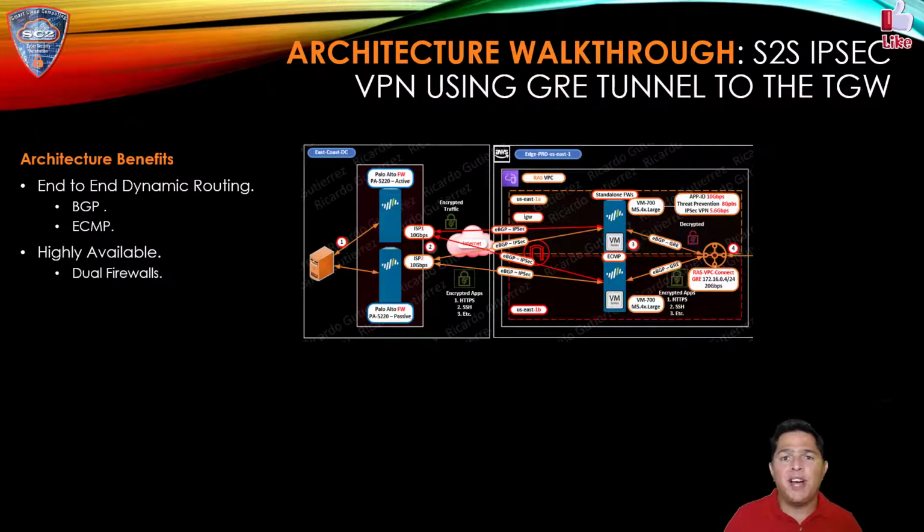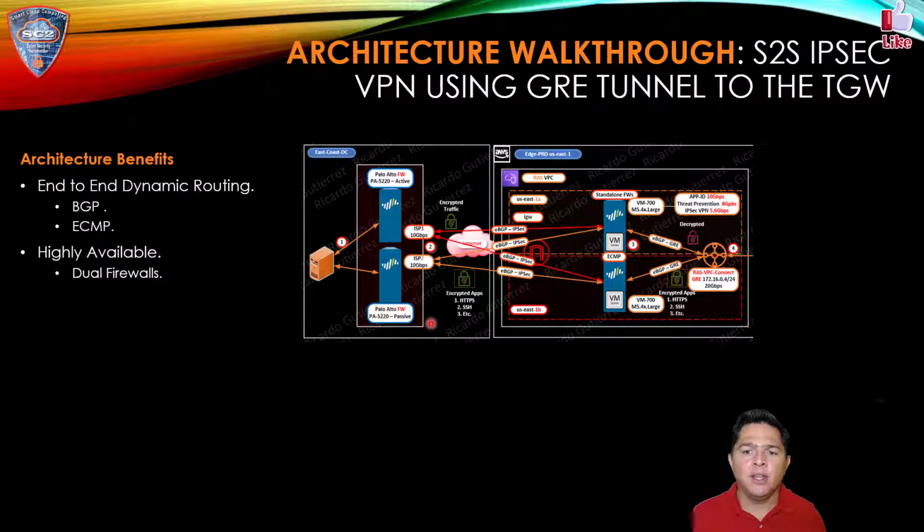This provides a highly available architecture because we have dual firewalls in your data center. In this case, this example is demonstrating that we have two firewalls in HA mode, in active and passive mode.